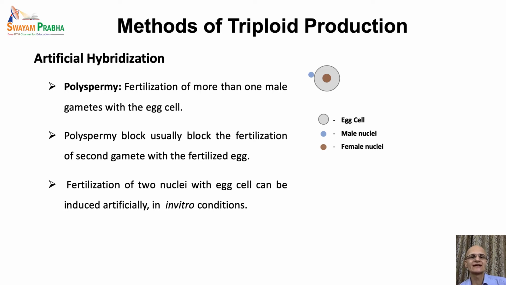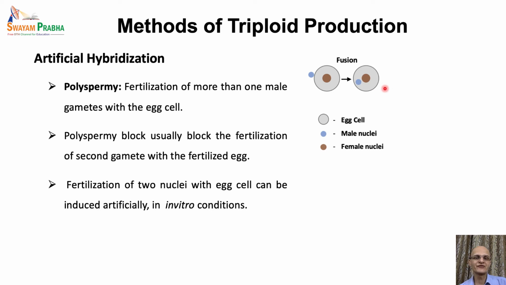So here is an egg cell and a male nucleus. The fusion can be induced by using fusion-inducing chemicals or through electrofusion. So it results in the entry of the male nucleus into the egg cell.